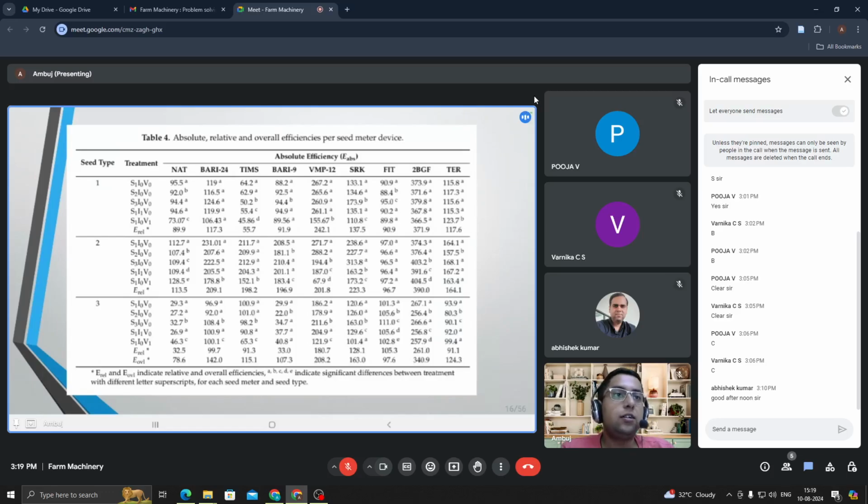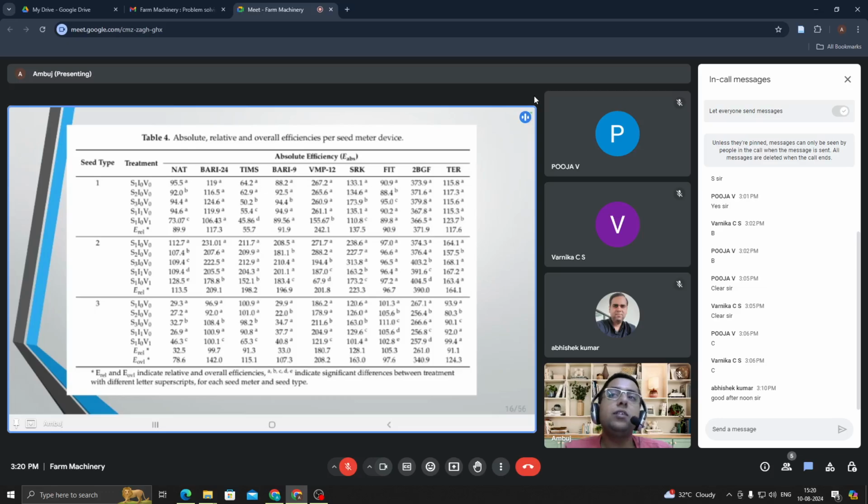Don't get frightened by these big tables in research papers. When I was a student, I also used to think about what these convey. I'll tell you, no problem, but don't get frightened at first sight. These are the absolute, relative and overall efficiencies per seed meter device. Some already established mathematical relations are there, and based on that we are calculating the absolute, relative and overall efficiency.